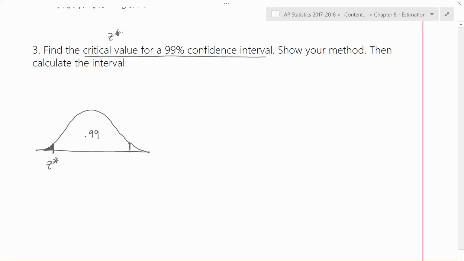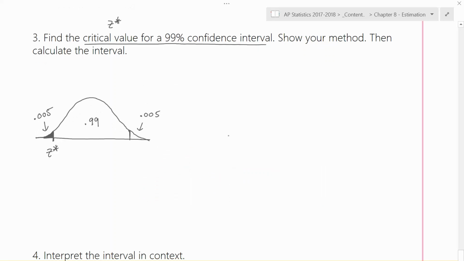Critical value is how many of those standard deviations we're going to add and subtract in order to create our estimation interval. So if we take out the middle 99%, we're left with 0.5% on either side, or 0.005. So here's where I need to use the table or my calculator to figure out what that value is.